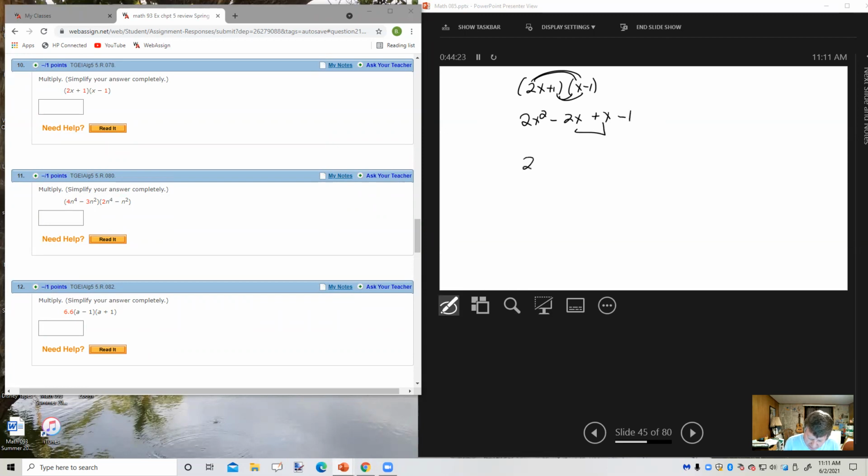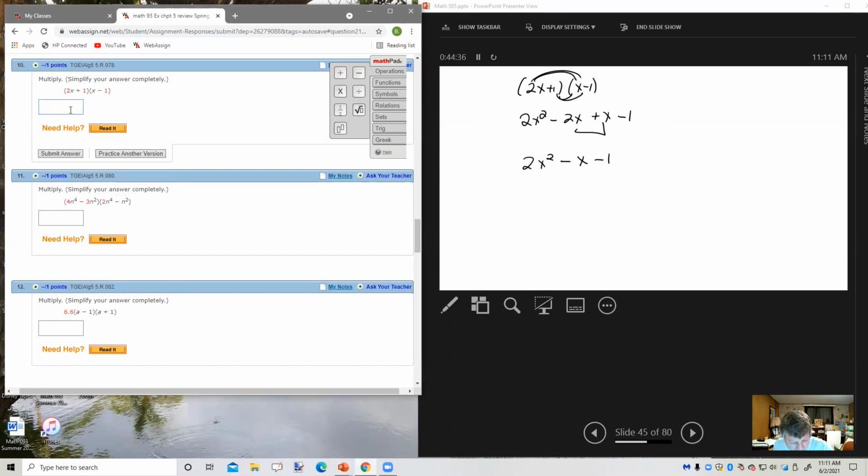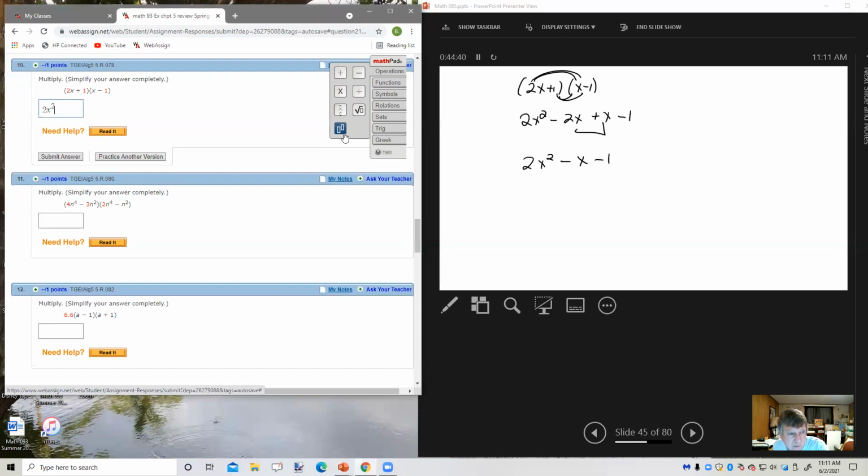Combining like terms, 2x squared minus 1x minus 1. And again, don't put the 1 in front of the x. So 2x squared, move the cursor over, minus x minus 1.